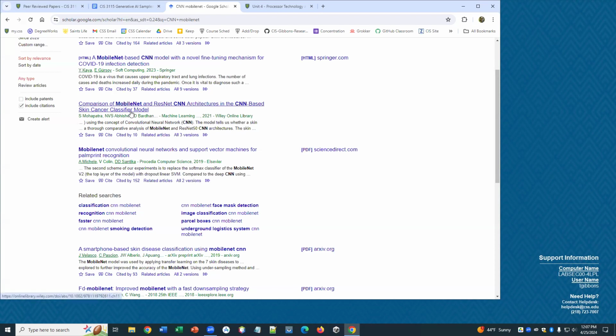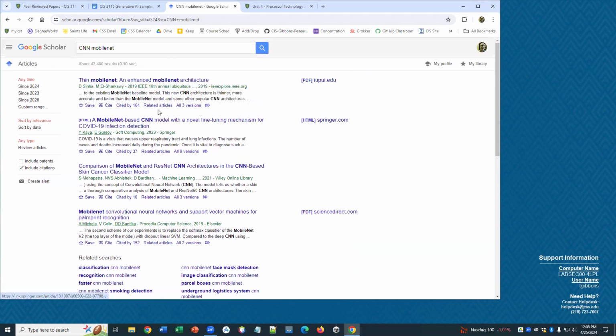When you're writing a paper, let's say you're going to use it on, I think we have a pneumonia or COVID database of X-rays, you could say something like MobileNet and ResNet have been studied with skin cancer, and talk about how it's similar to your research. But again, it would be different, and your job would be applying it to this particular case study. So you could reference this paper and their results when you're writing up your paper.